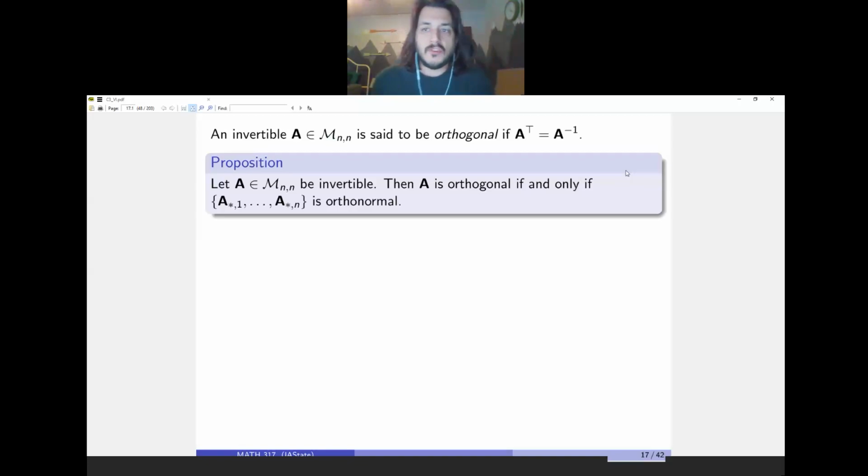So of course, we always want to connect. Anytime you're working with an idea in Rn that has anything to do with the vector space structure, or anything related to dot products, which is part of the vector space structure, you want to figure out how to tie it back to matrices one way or the other. Because matrices are very nice.